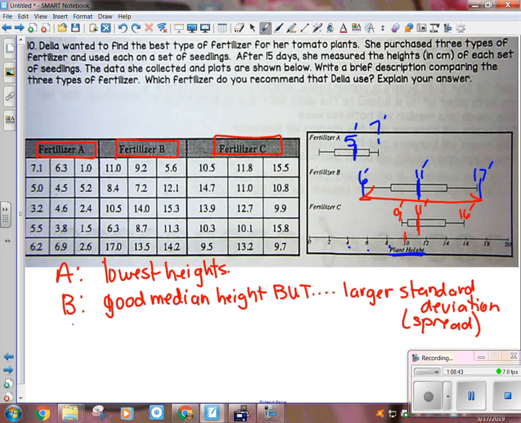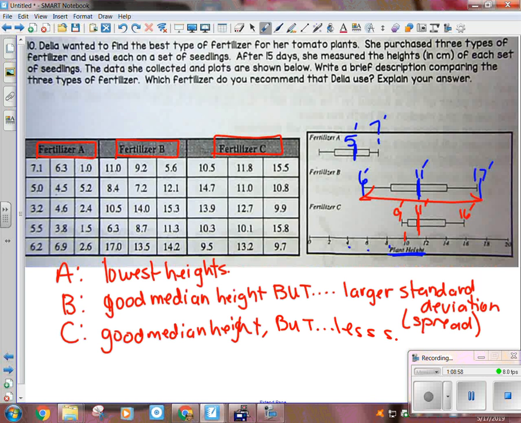Now, letter C also had good median height. Less standard deviation. I'm just going to abbreviate that SD. Less standard deviation.